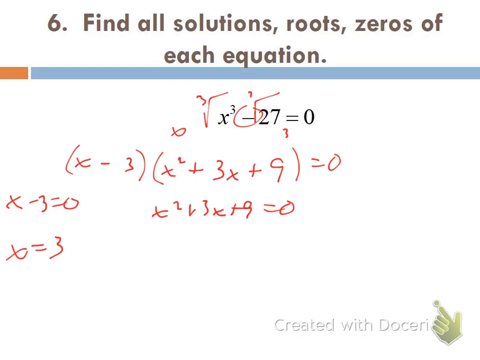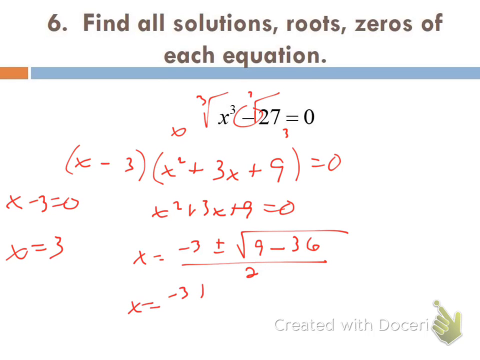But our trinomial will not factor. And so we have to use the quadratic formula. So, opposite b plus or minus the square root of b squared minus 4ac is going to be 36 all over 2. So we get negative 3 plus or minus the square root of negative 25 all over 2. Got to pull your i out.